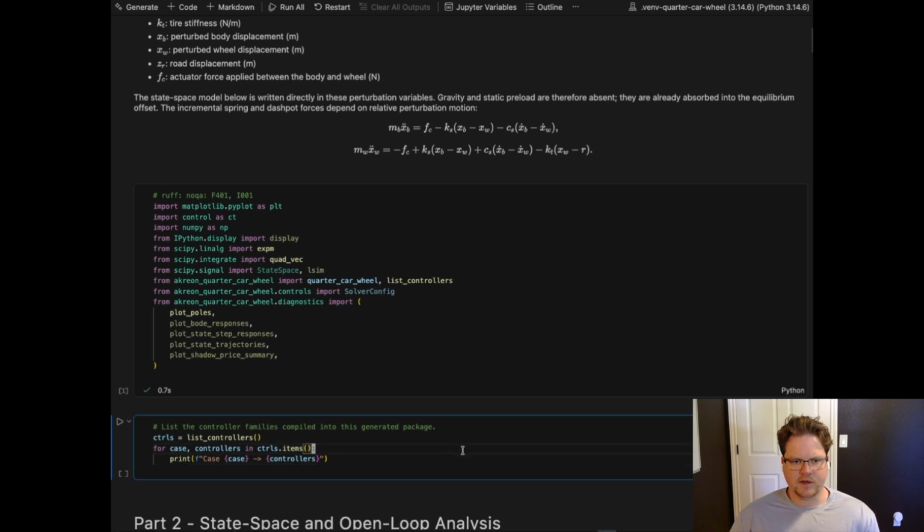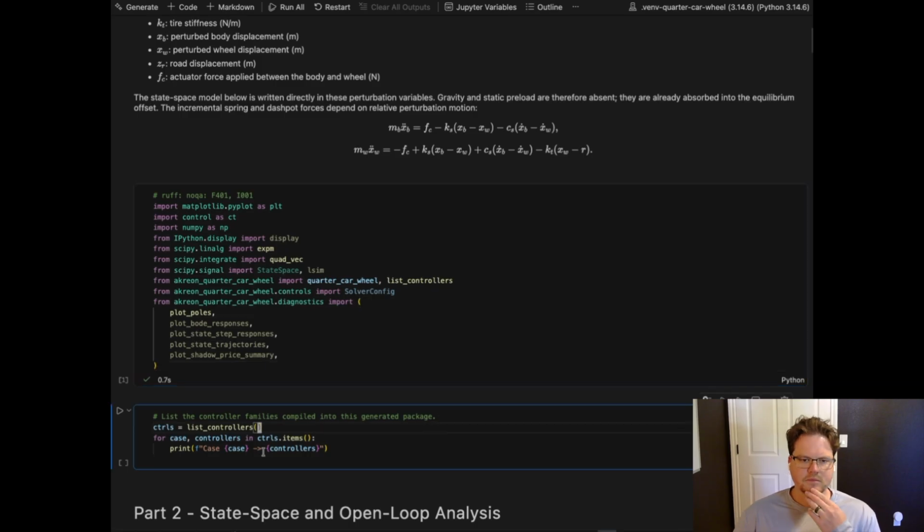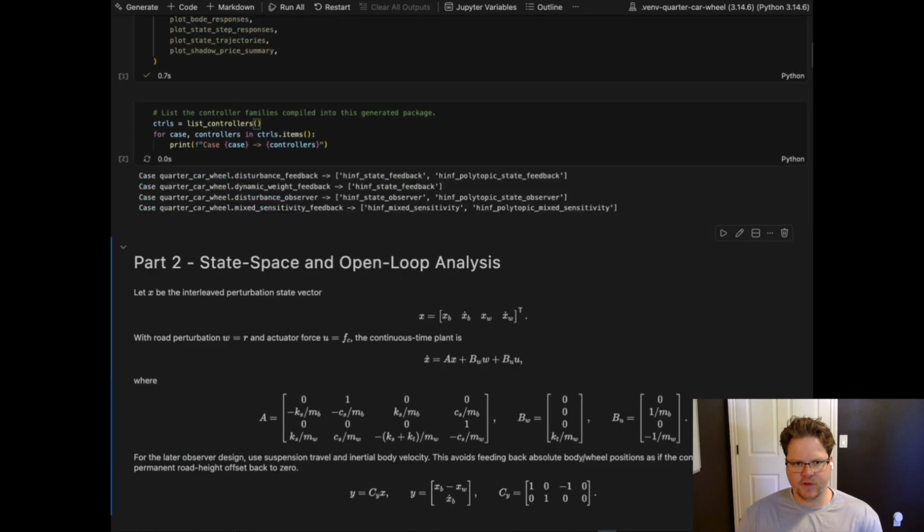Here, this is again just showing off all the controllers that I've compiled for this Python module, pip wheel. So we have H infinity state feedback, and a state observer for the disturbance side of things.